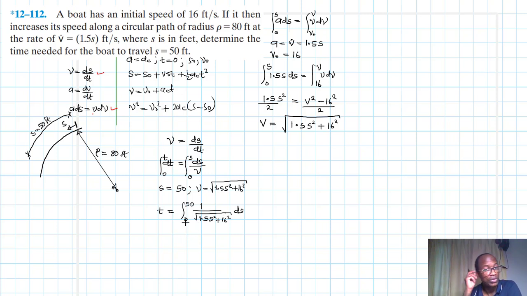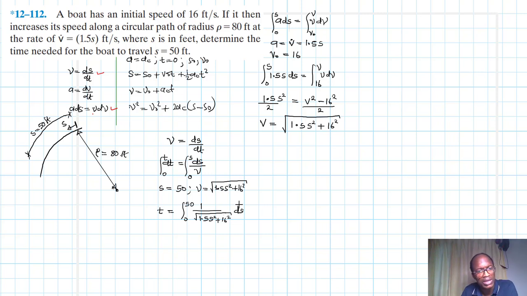It's a definite integral. Of course you can solve it analytically, but for me, I'm going to use a numerical technique to solve this. If you have those standard tables where equations for integrals are already given, you can just replace this and solve it.